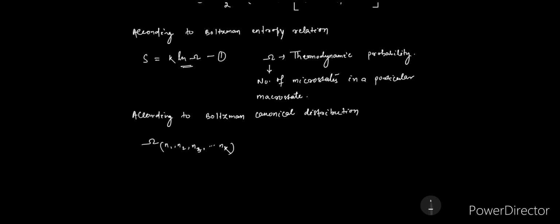Here ni is the number of particles in the ith compartment. So number of microstates in a particular macrostate having a system in which there are compartments of unequal size, the value of omega will be n factorial, product i is equal to 1 to k, gi to the power ni divided by ni factorial.